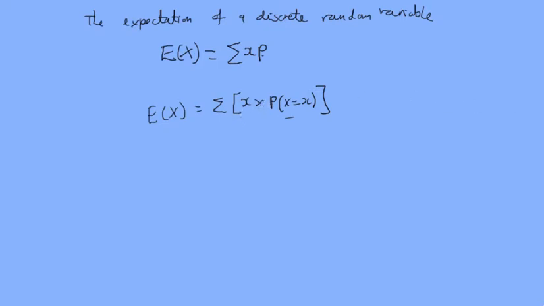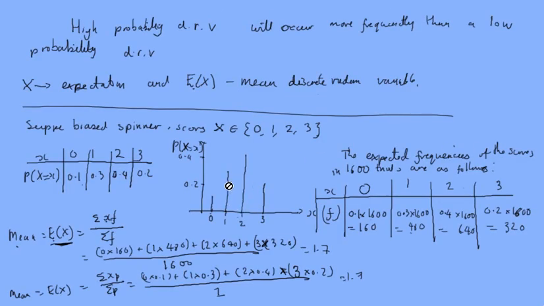So let's consider variance. If we have this mean value of around 1.7, there's a spread around that mean value.